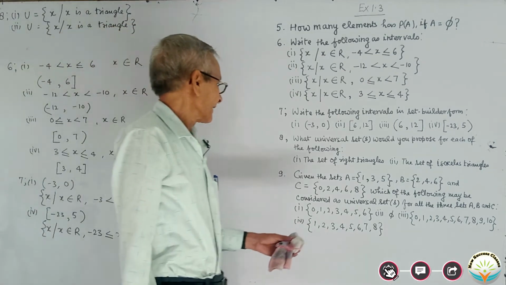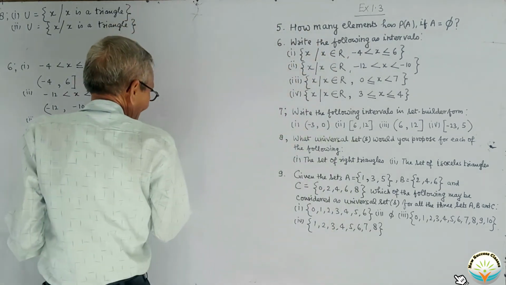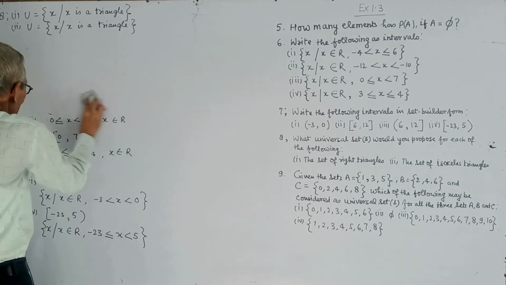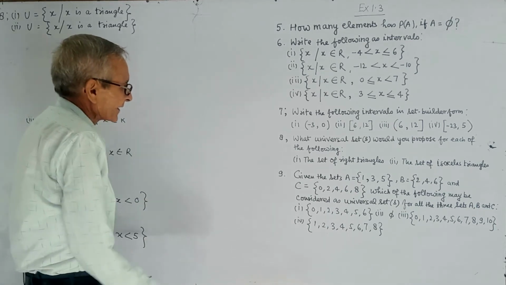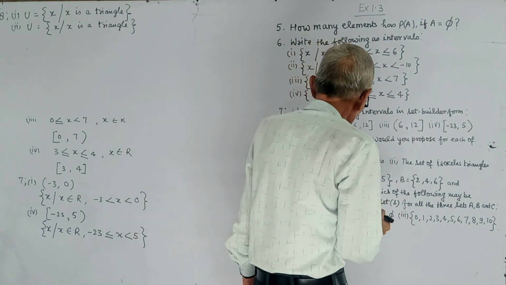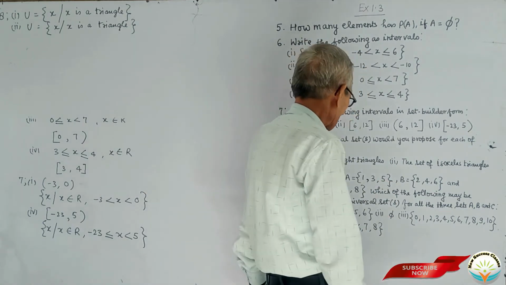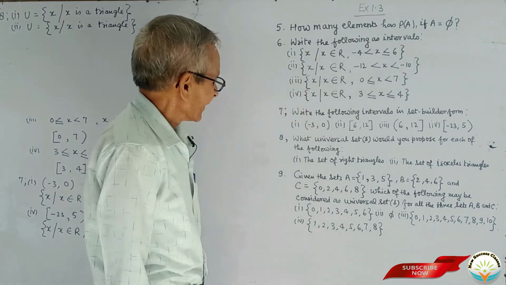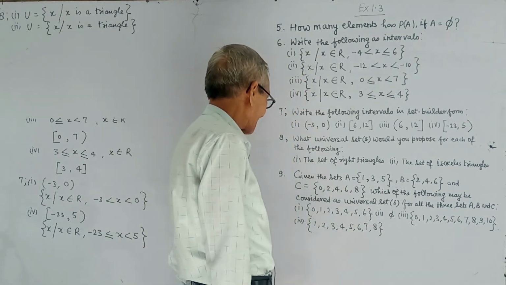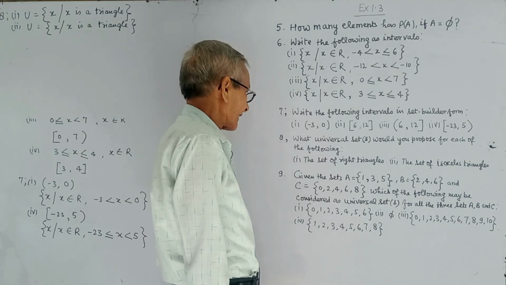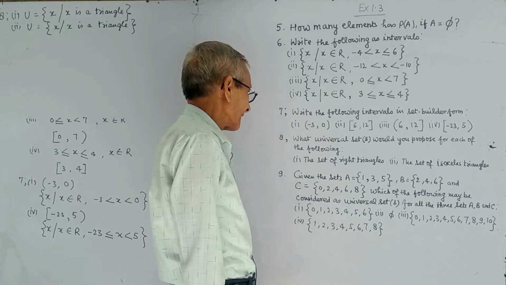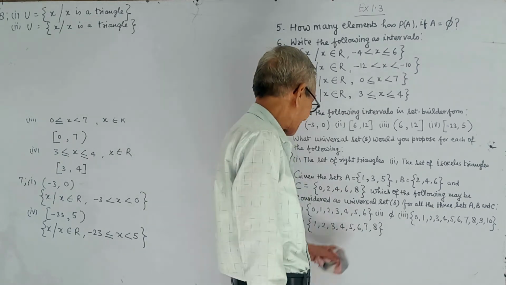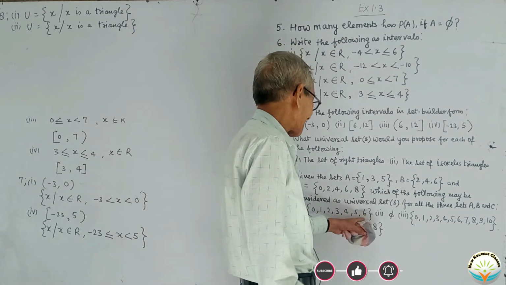Then come to the last question, that is 9th. Given sets A equal to 1, 3, 5, B equal to 2, 4, 6 and C equal to 0, 2, 4, 6, 8, which of the following may be considered as universal sets for all the three sets A, B and C? 0, 1, 2, 3, 4, 5, 6: so 8 is not here.